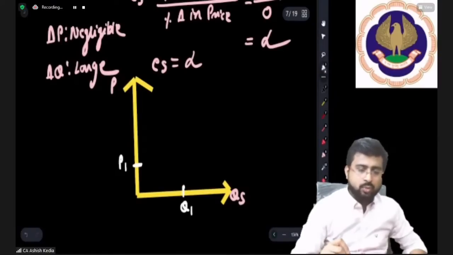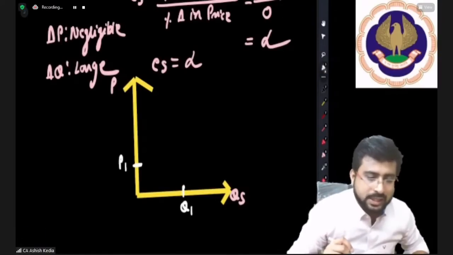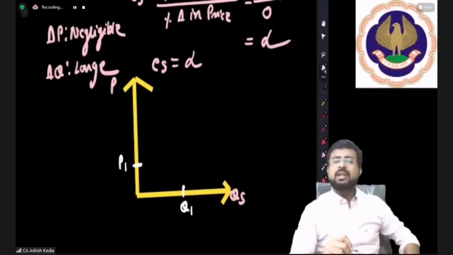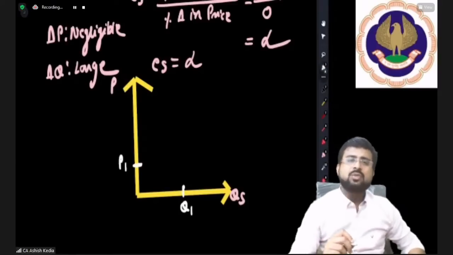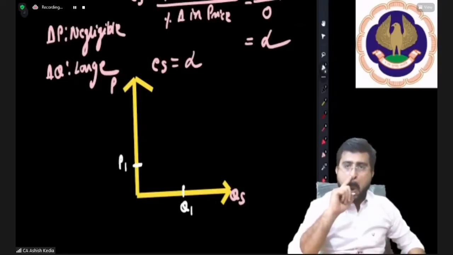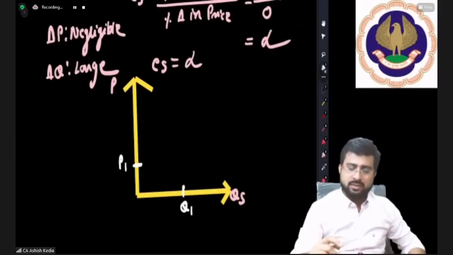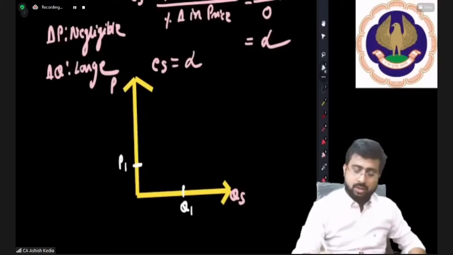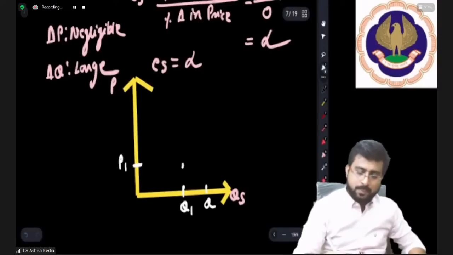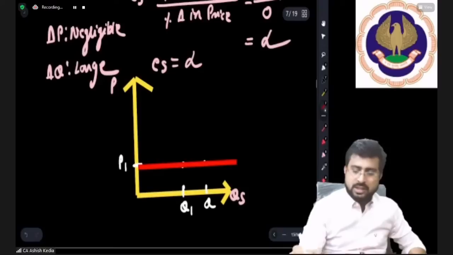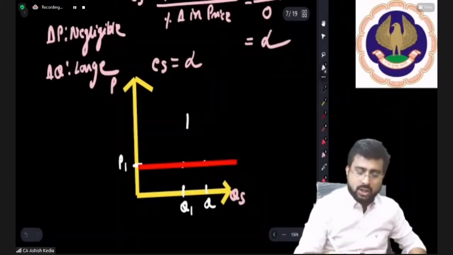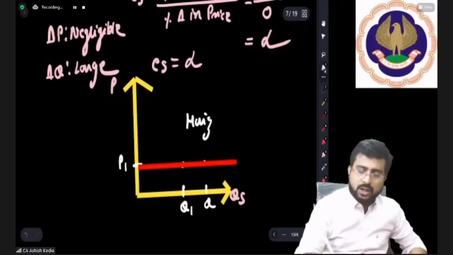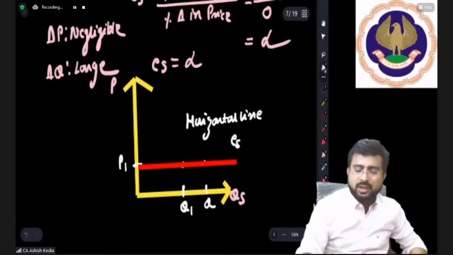In case of perfectly elastic supply, price is not changing at all, or there is a negligible change in price, but quantity is changing to Q2. So it is a horizontal line, and the value of elasticity here is going to be infinity.